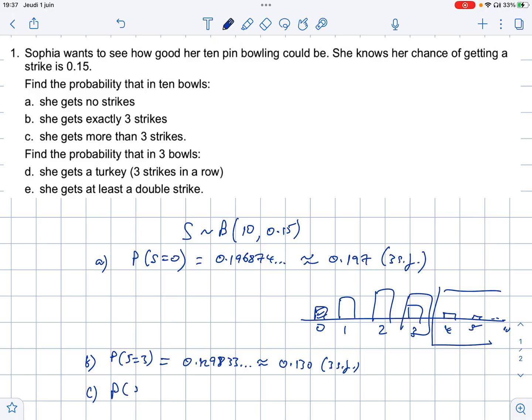So the probability that S is greater than or equal to 4 is 0.049996, which is approximately equal to 0.0500 to 3 significant figures.